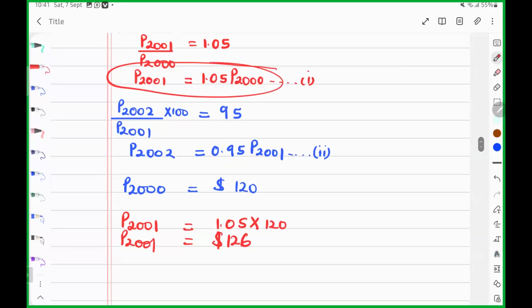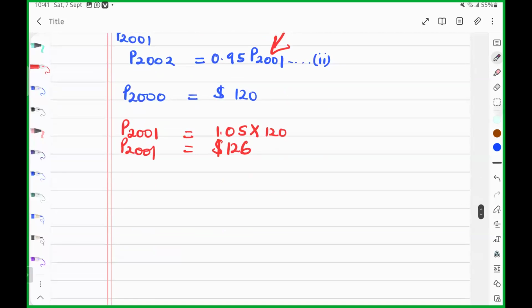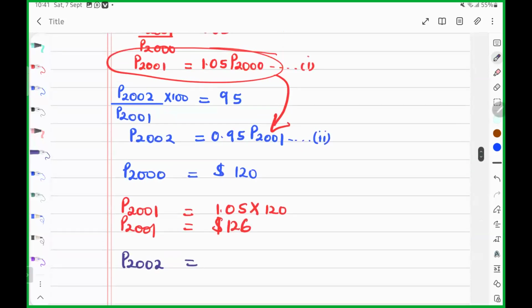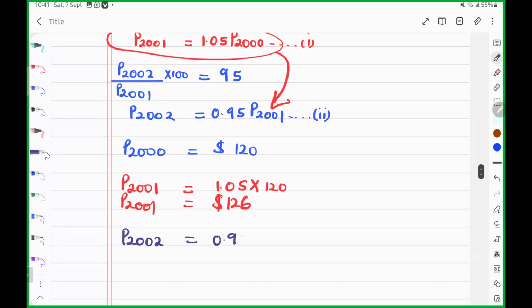Now, since I have the price of the commodity in 2001, I can come into this equation and substitute it there to get the price of the commodity in 2002, which is actually what the question wanted from us. So the price of the commodity in 2002 is equal to 0.95 times the price in 2001, which was $126.